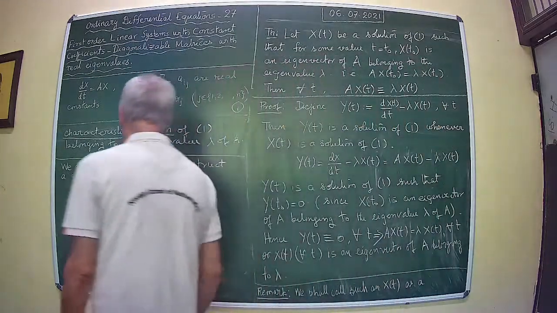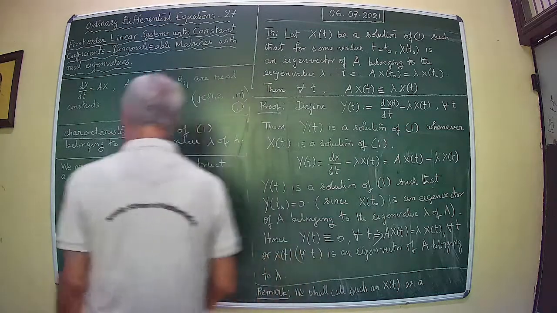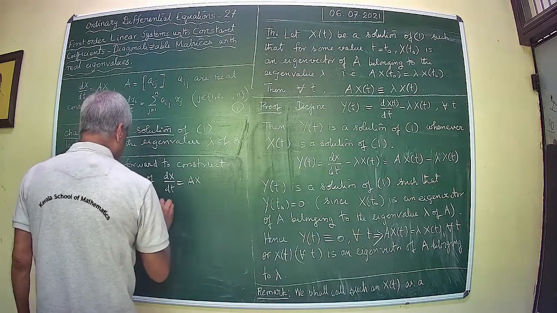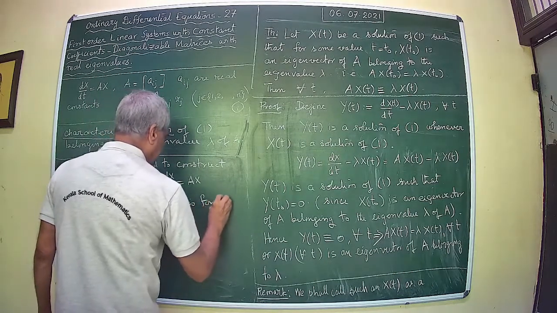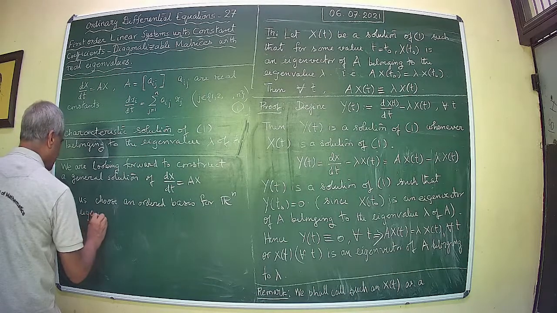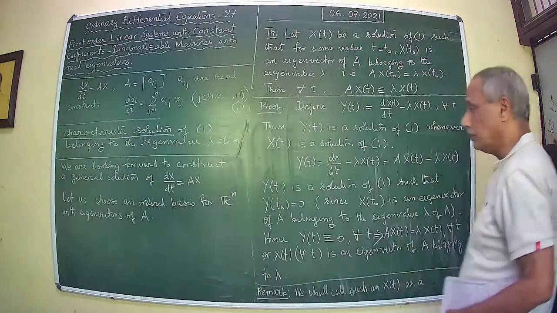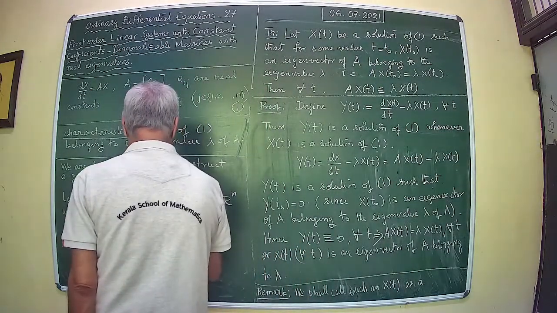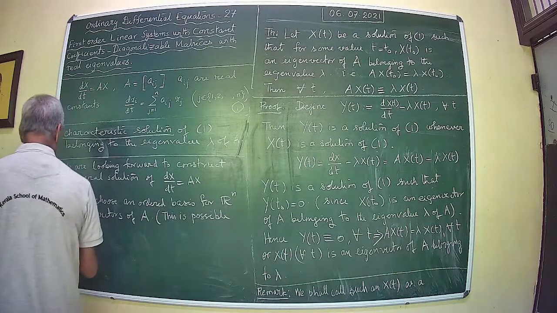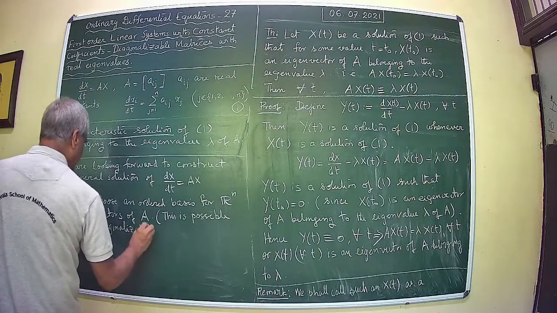So what do we do? Let us choose an ordered basis for Rn with eigenvectors of A. That is possible, because we assumed that A is diagonalizable. A is diagonalizable.